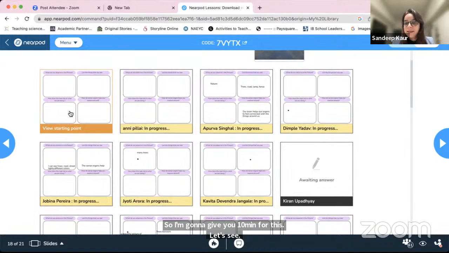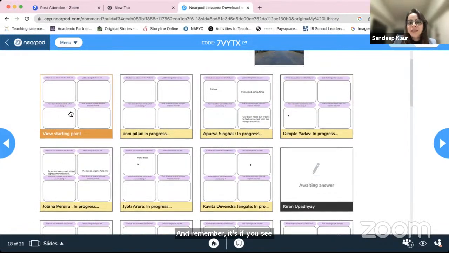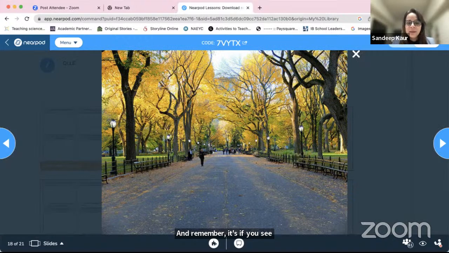And remember, if I say, well, I see a man walking in a black coat, or I see a man standing under the light, or I see yellow trees, there's no correct answer, right? So the assessment is non-threatening. It is again adding to each other's, having a shared understanding, building on what we already know, adding more details.